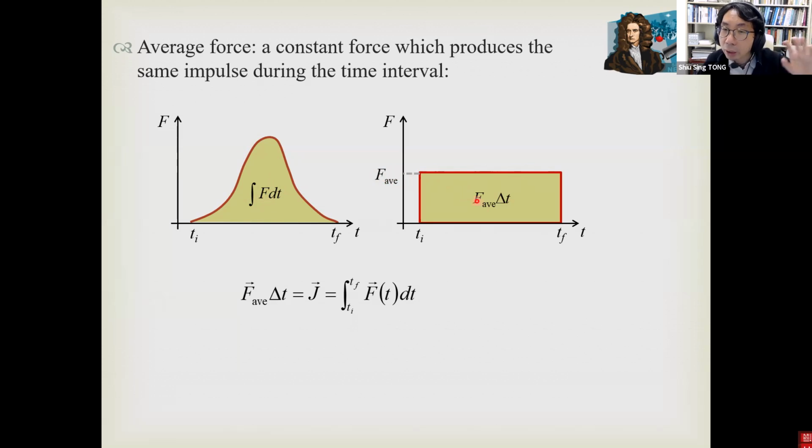The average force encloses an area which is equal to the average force multiplied by the time interval delta T. I can choose the average force in such a way that the area enclosed by this rectangle is the same as the area enclosed by the true force, that is the integral of F. So I can define the average force by this equation: the time integral of F for the real force is equal to the average force multiplied by delta T. I can also move delta T to the right hand side if you like.